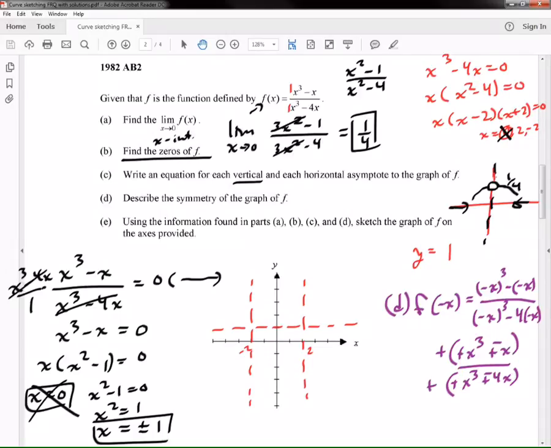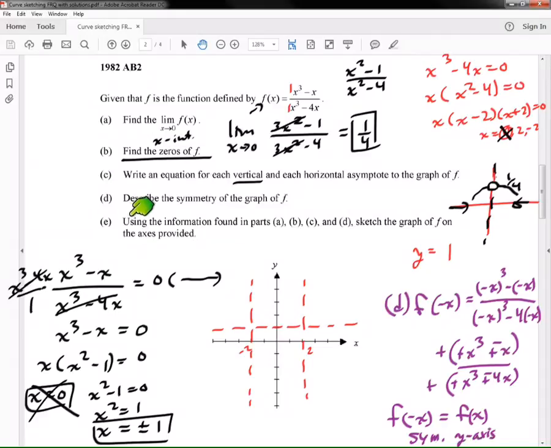And so the rule says that if you plug in negative x and you get the same thing as you started with, then that means we have symmetry about the y-axis. So I'm going to write symmetry about the y-axis.